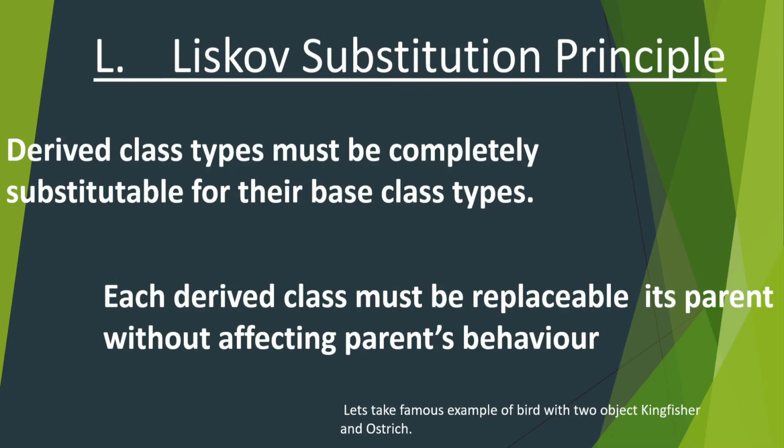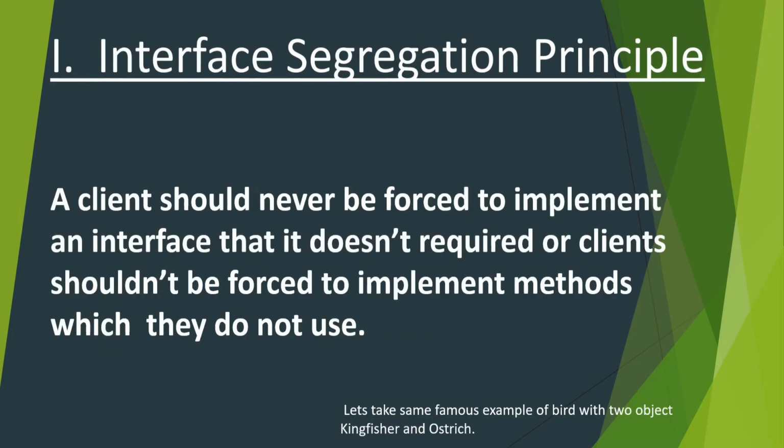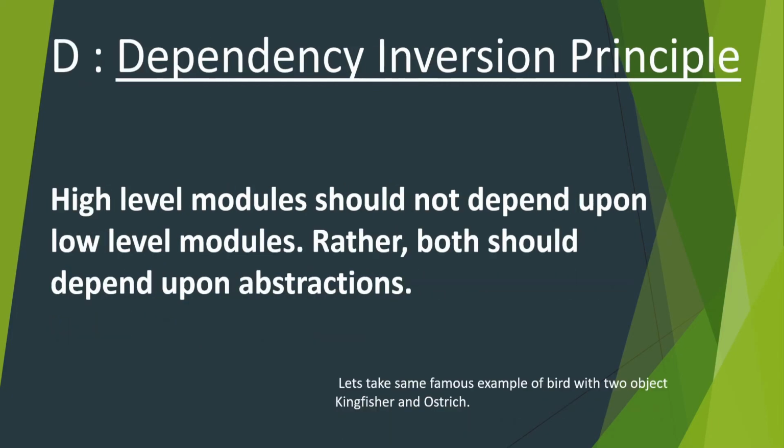This says each derived class must be replaceable for its parent without affecting the parent's behavior. Another is I, which stands for the interface segregation principle. It says a client should never be forced to implement an interface that it does not require, or should not be forced to implement methods which it does not use. And the last one was the dependency inversion principle.